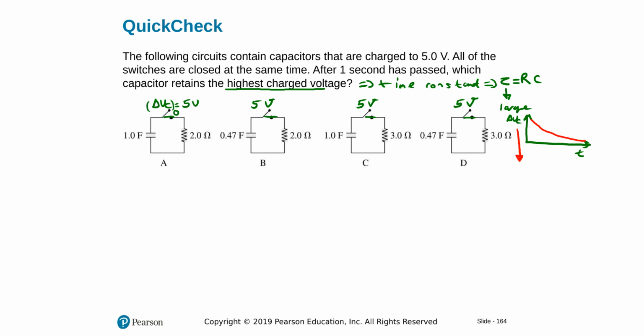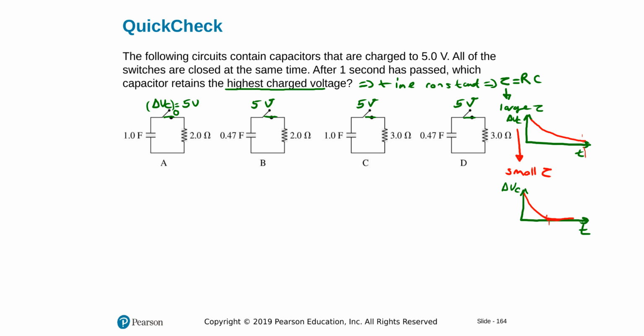If I have a small tau or small time constant, then my potential versus time graph will be decaying very fast. So I'll have a faster decay. Everything will finish quicker, and it approaches zero. It doesn't become exactly zero, but approaches zero much earlier than with a large time constant.